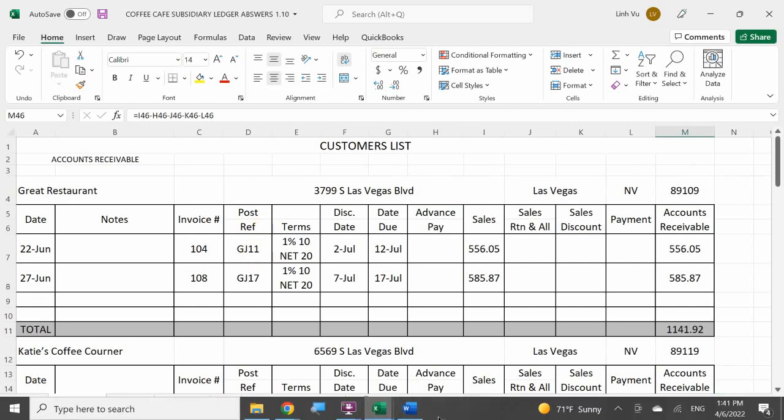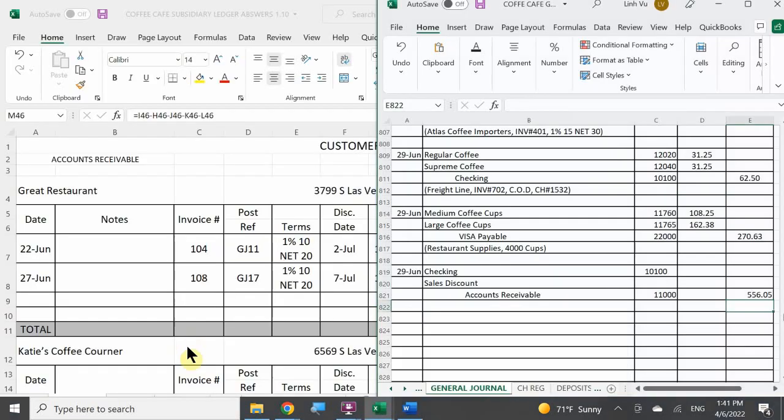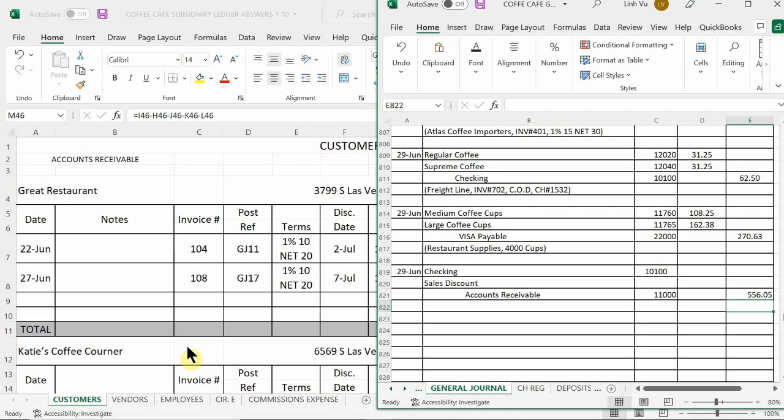Well, what does the $5 include? Because in this case, you can't discount this entire amount. What else did we charge this customer for it to be $556? Delivery. We included delivery.